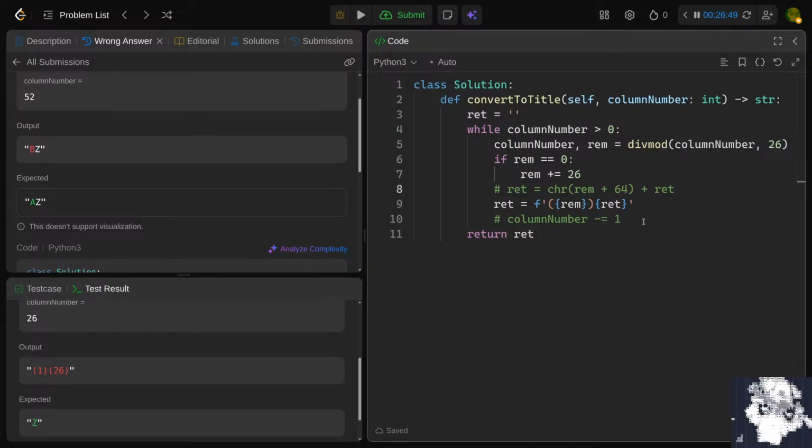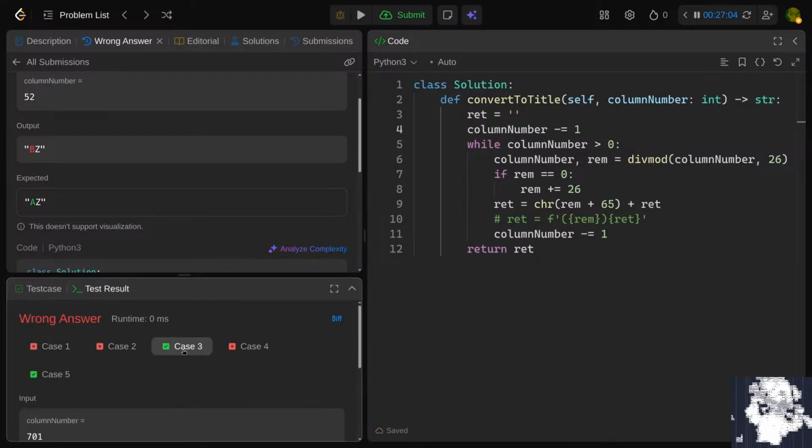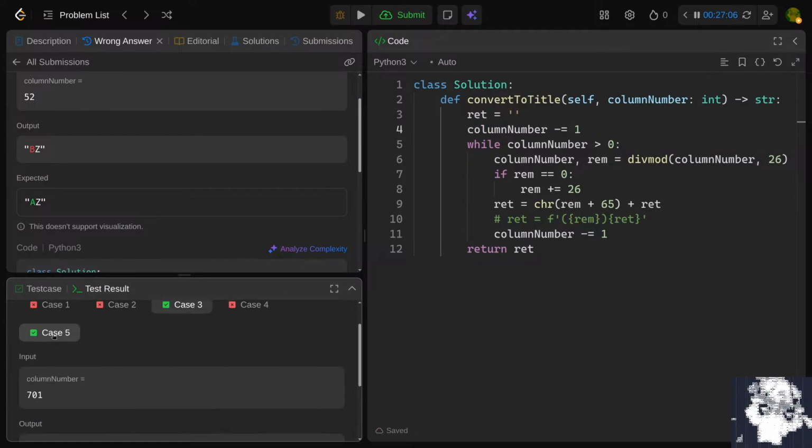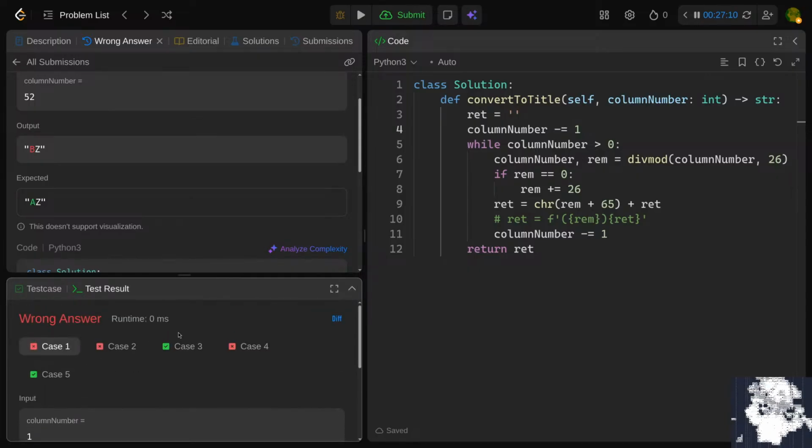I guess maybe this is the way to do it. If we added one more to rem, but we always subtracted one from column, and we allow equal to 0.